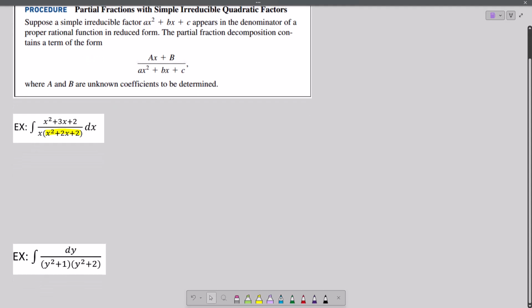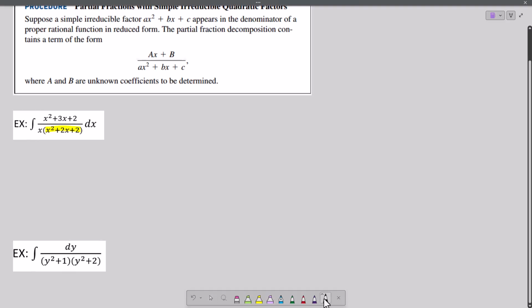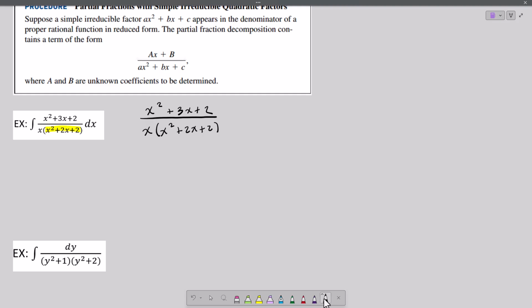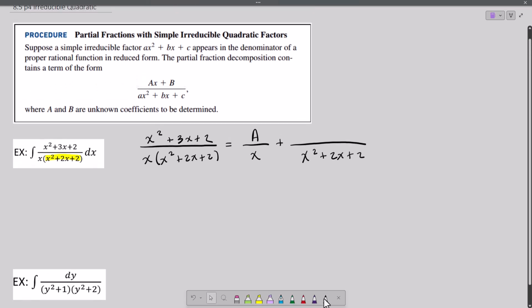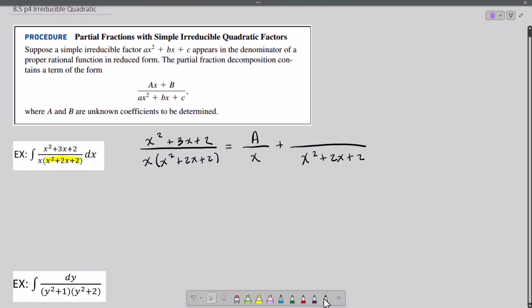So for our PFD, we are going to take the original fraction, this whole thing. We now know that it's not factorable. So here is going to be our PFD for a non-factorable quadratic. The only big difference is that you still have your factor in the denominator, but notice what the numerator is going to look like.